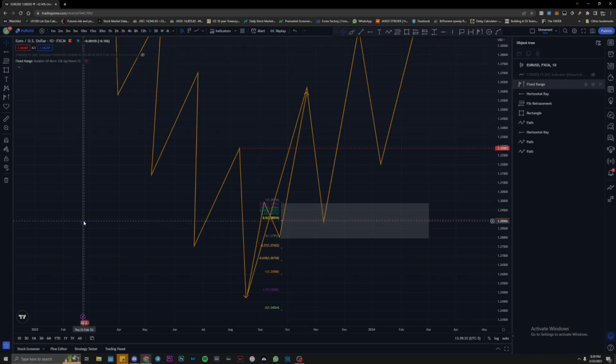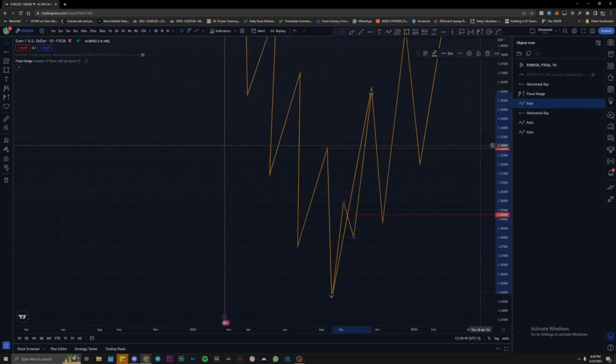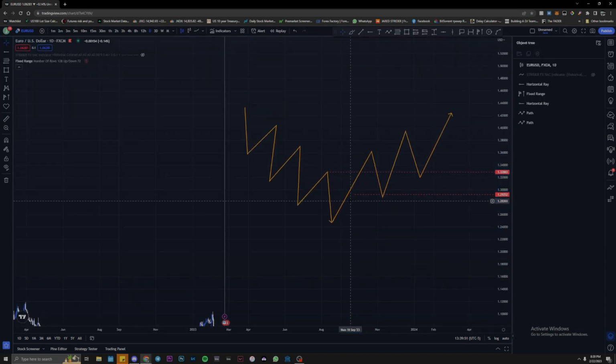So if the fixed volume range shows us that the point of control is here, I don't mind you entering here rather than waiting for 50%. Yeah, so that's how you find it with a change of character.